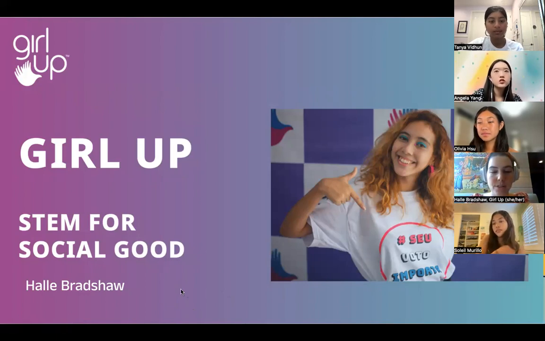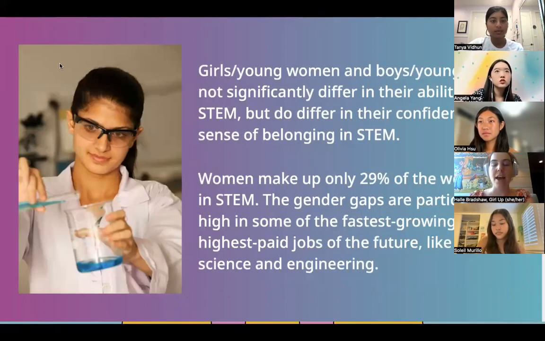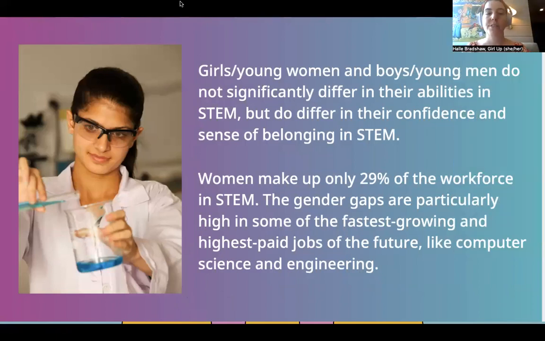So we can go to the next slide. As you all are familiar with, there are gender gaps when it comes to STEM. Most recently, there was a study showing that folks who identify as girls and women and folks who identify as boys and men have a big divide in how they approach STEM, with women and girls finding that they don't feel very welcome, they don't feel very encouraged to go into STEM.